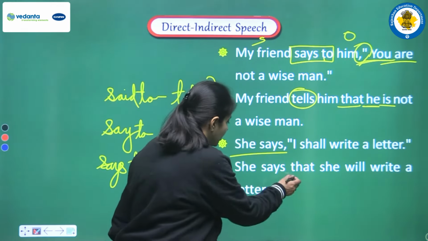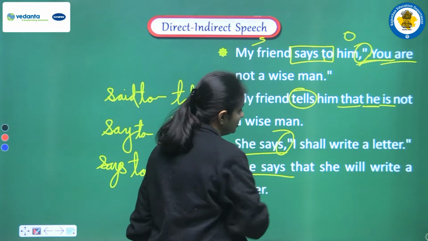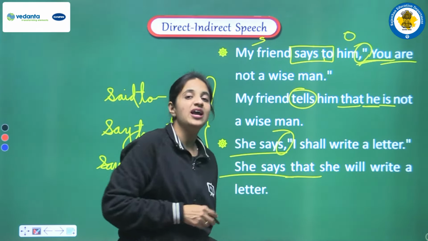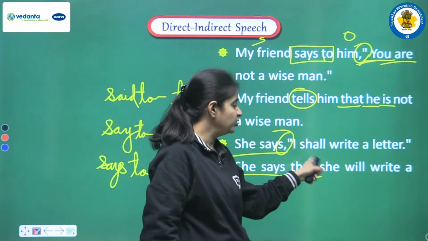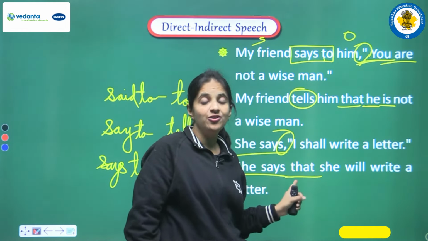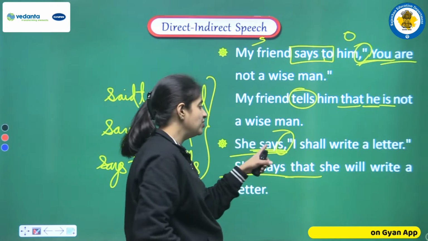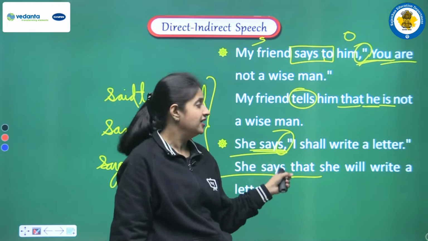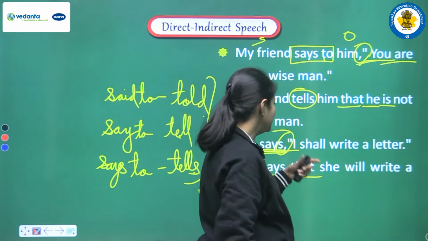So again we are writing she says. Clear? Next we are removing the comma, and in the place of the comma we are adding a conjunction, that is that. Next we have to do the changes in the pronoun, but we won't do any change in the tense, again for the same reason, we are having present tense here. So we are doing changes in the pronoun only.